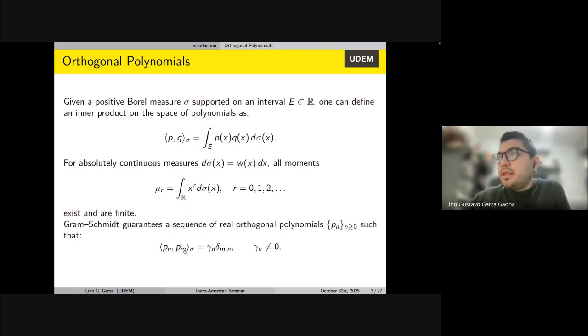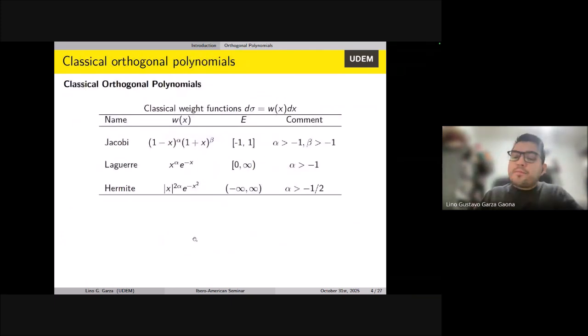This means that they are zero when the degrees are different, and something different from zero when they have the same degree. Here, this is the Kronecker delta, and this is some constant. We all, or many of us, know the classical orthogonal families, which are the Jacobi, Laguerre, and Hermite.